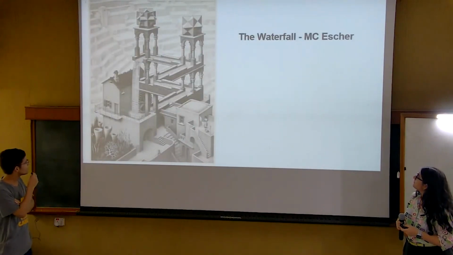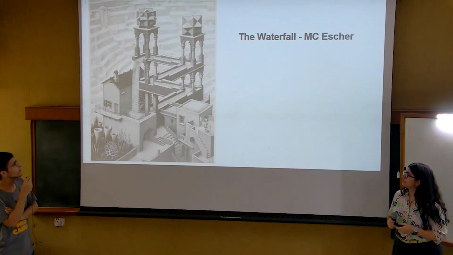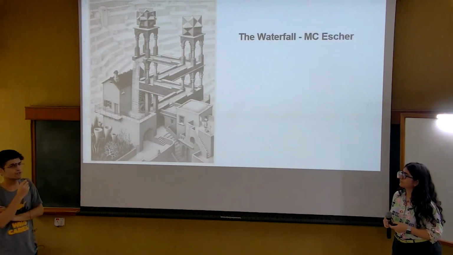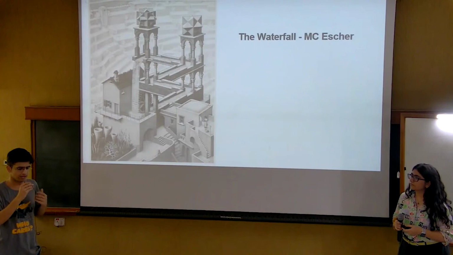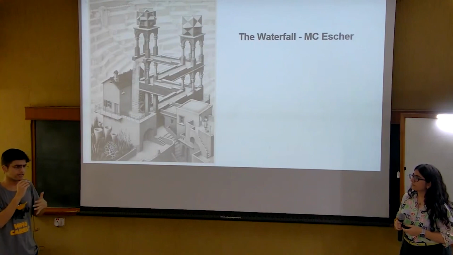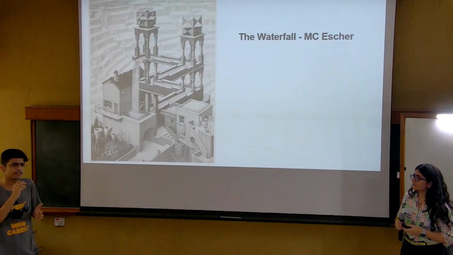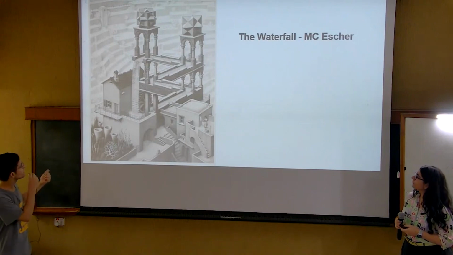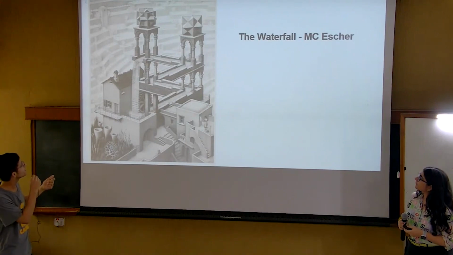And these self-referential paradoxes and infinite loops were also in art and music. Even Bach produced music that was kind of a paradox in itself. We can't tell where it started, where it ends. And this is a painting by MC Escher, the waterfall. Here you can see the waterfall. It falls, but it seems like it doesn't have an end.